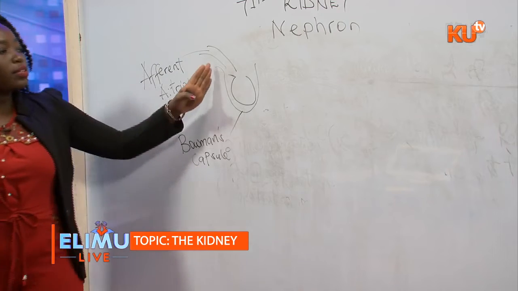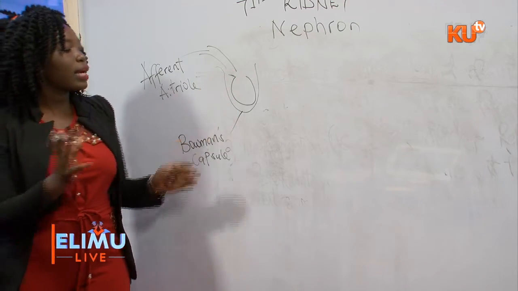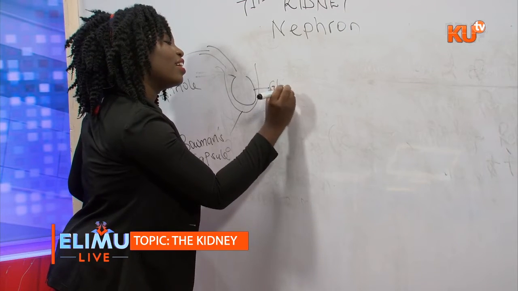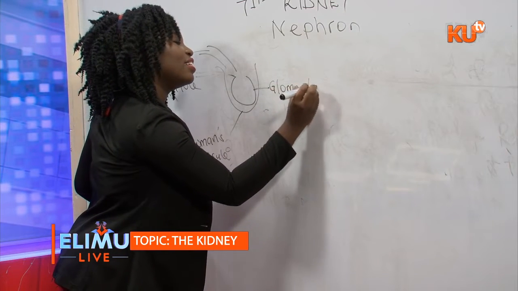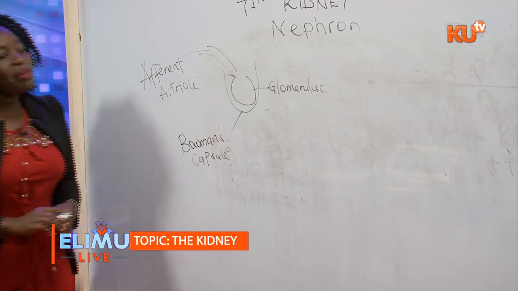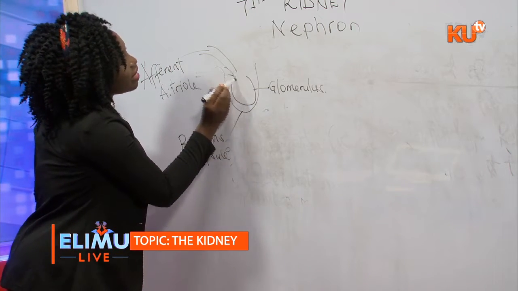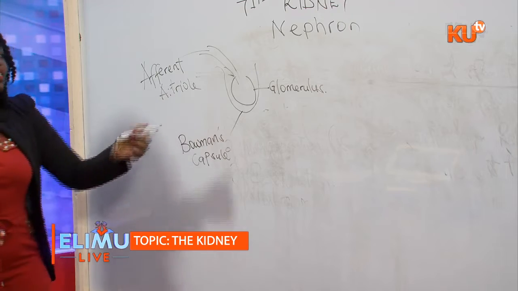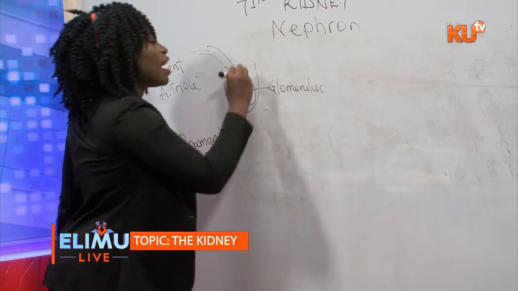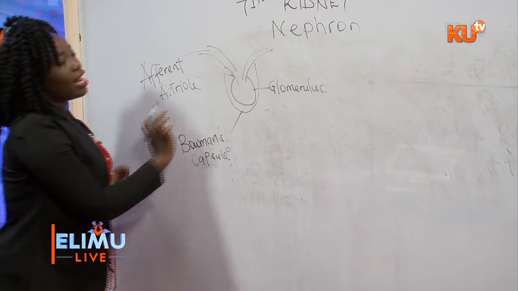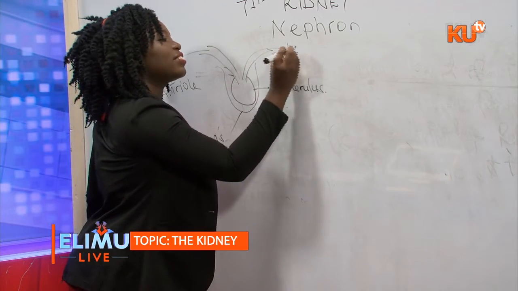The Bowman's capsule caps the glomerulus. The glomerulus acts as a sieve. We said that the efferent arteriole brings in blood. This is the afferent arteriole, and this is the efferent arteriole.